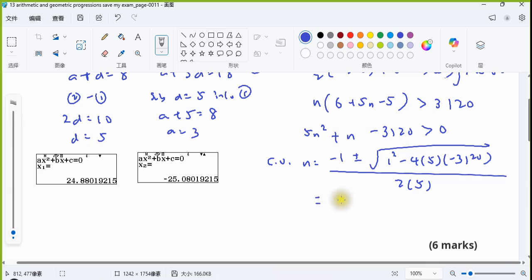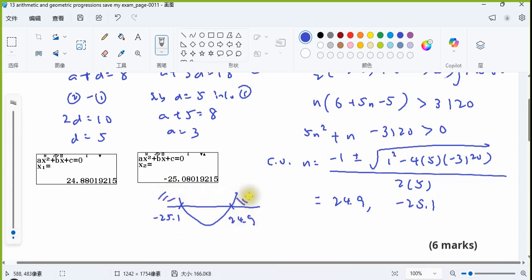So it will be 24.9 and negative 25.1. So the graph is like this. So negative 25.1 and then 24.9.